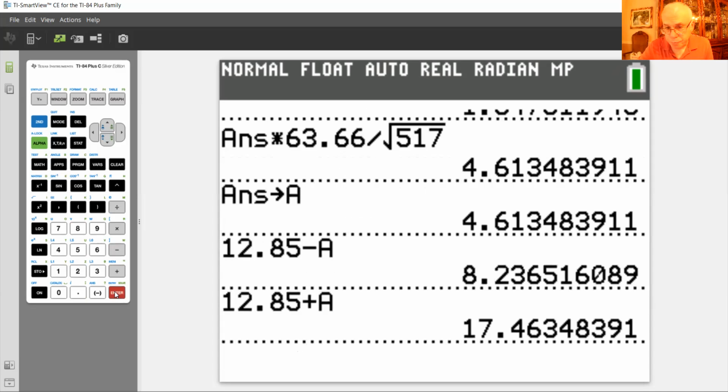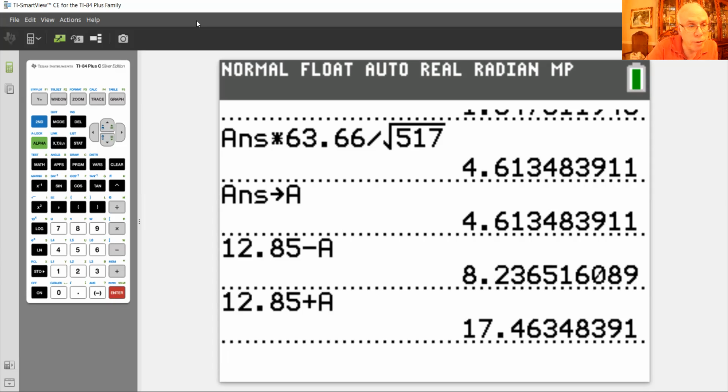There's our upper end. For a 90% confidence interval, if we rounded to 3 decimal places, would be 8.237 up to 17.463. And we can state that we are 90% sure that for this particular sample of 517 forest fires, the true population mean is somewhere in between 8.237 and 17.463.